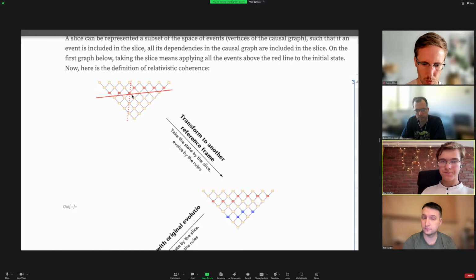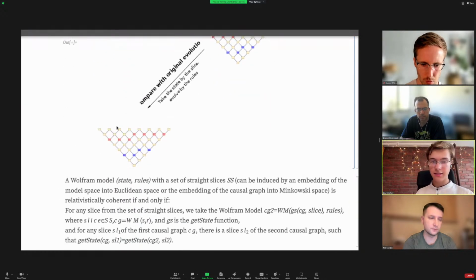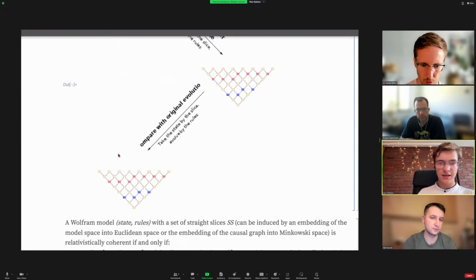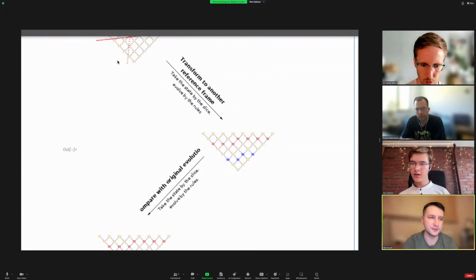Then we can apply one more step of evolution to one of the parts, and therefore we can apply the Lorentz boost, and we can check that this evolution can produce the same states as the previous evolution. So is that clear?